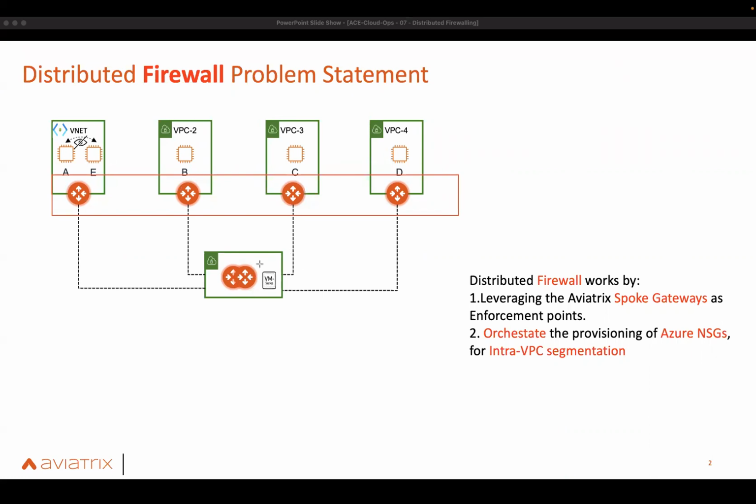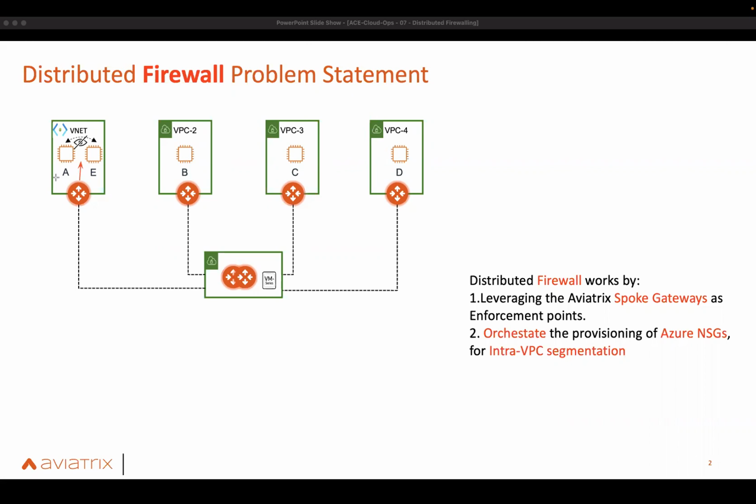The other advantage is, what about the problem that I explained in this setup between the A and E instances? We are also able to orchestrate the provisioning of Azure network security groups and even recently AWS security groups.